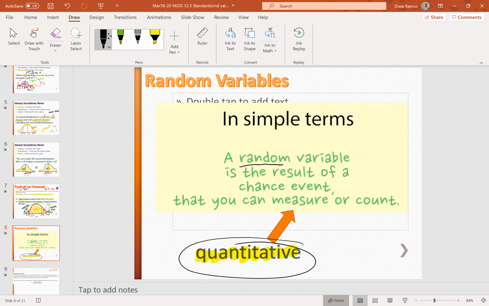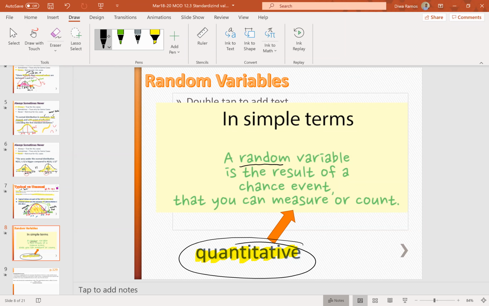What do I mean by that? For example, if you're selling chocolates and you're trying to count how many pieces of chocolates each customer buys, for every person in line going to the cashier, you don't know whether they're carrying 2 pieces of chocolates or 4 pieces of chocolate, maybe just 1 piece of chocolate. So those are random results.